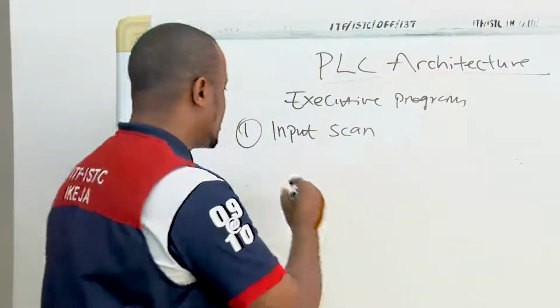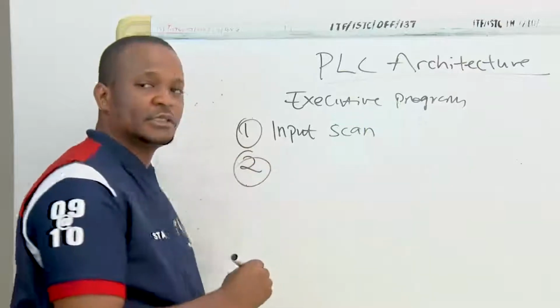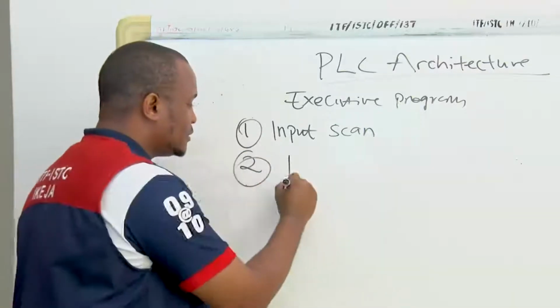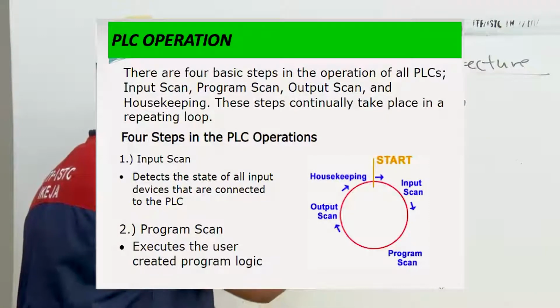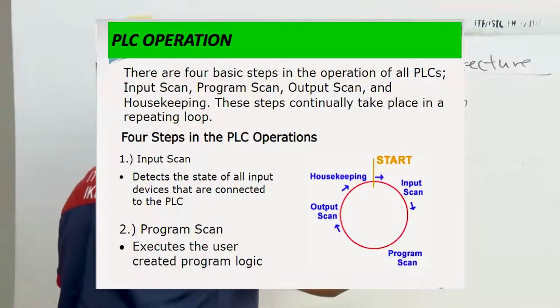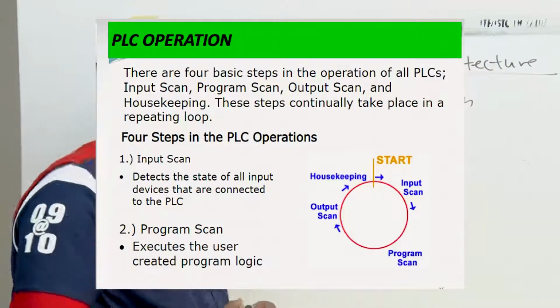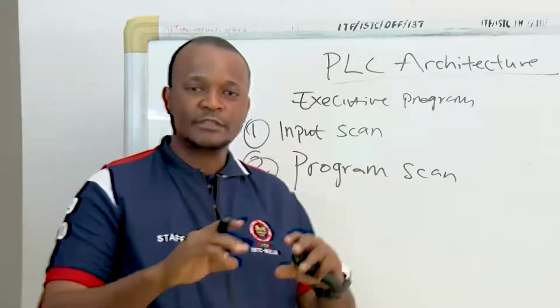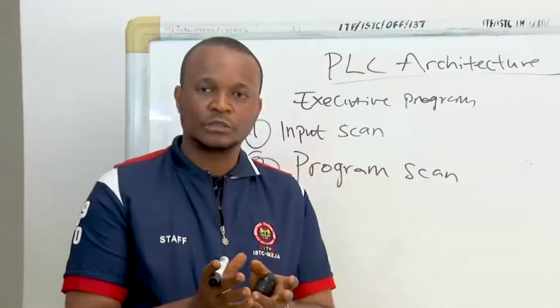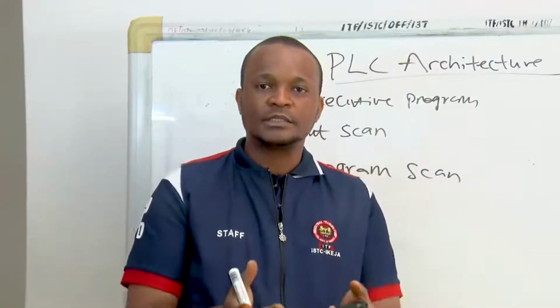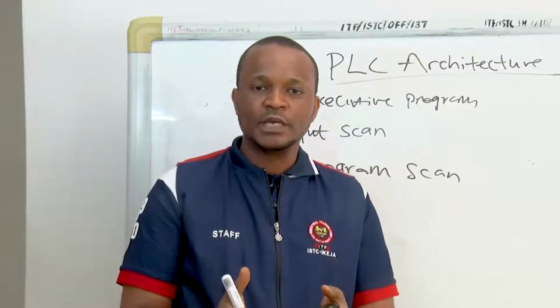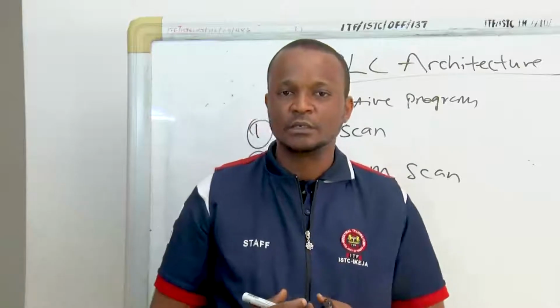The number 2 basic operation of the PLC is the program scan. After updating this information, it updates the program based on what the user has actually inputted in its memory. So, is there any change?